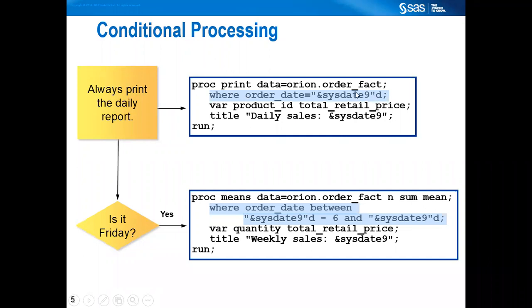So this is going to create a daily report depending on your system date. Then you may write a condition between the programs checking if it is Friday. If yes, it will check your system date and process your proc means, which is your summary report, where you are again filtering your data, giving you the data from day one of your week till Friday, because it's a weekly report.